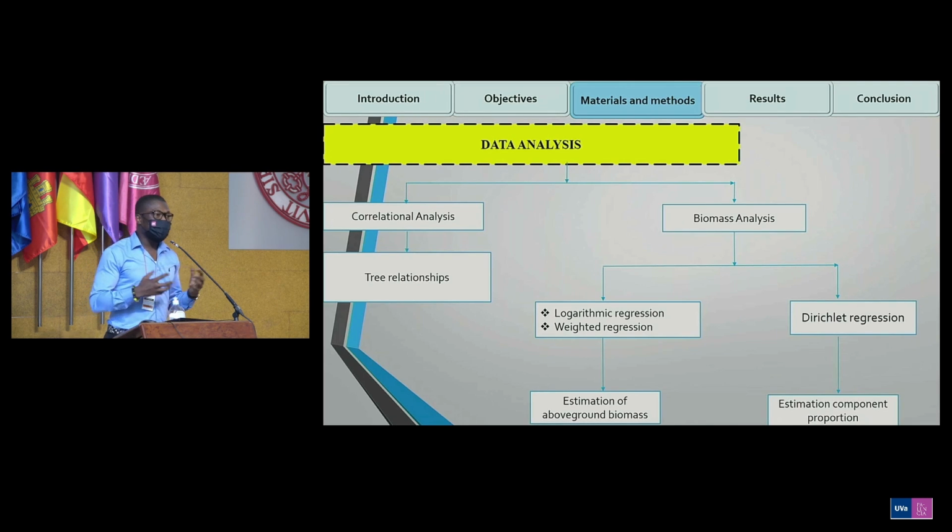For the data analysis, in order to address this problem, we focused mostly on the biomass analysis, where we had to build equations. We used different types: the logarithmic regression and the weighted regression, as we can see there, and the Dirichlet regression, which has recently been requested to be used due to its advantages.